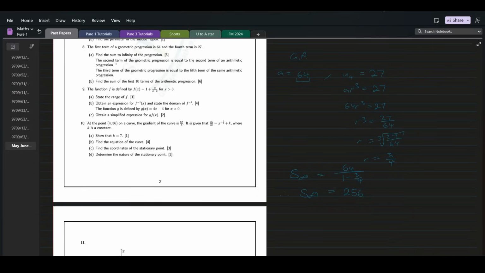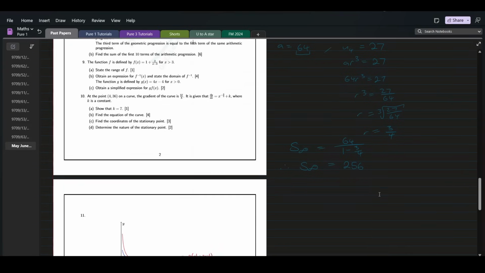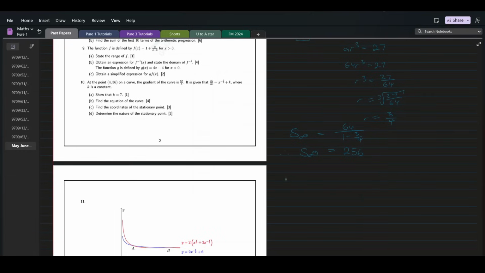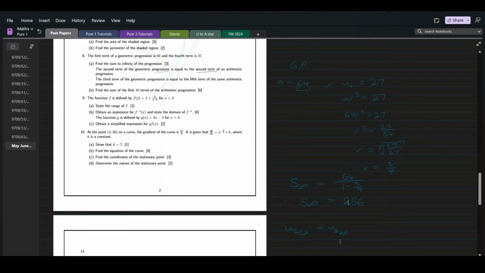Now for part B, we're told that the second term of a GP is equal to the second term of an AP. Okay, let's just write that down. So we have the second term of the GP is equal to the second term of the AP, and we are also given that the third term of a GP is equal to the fifth term of the same AP.